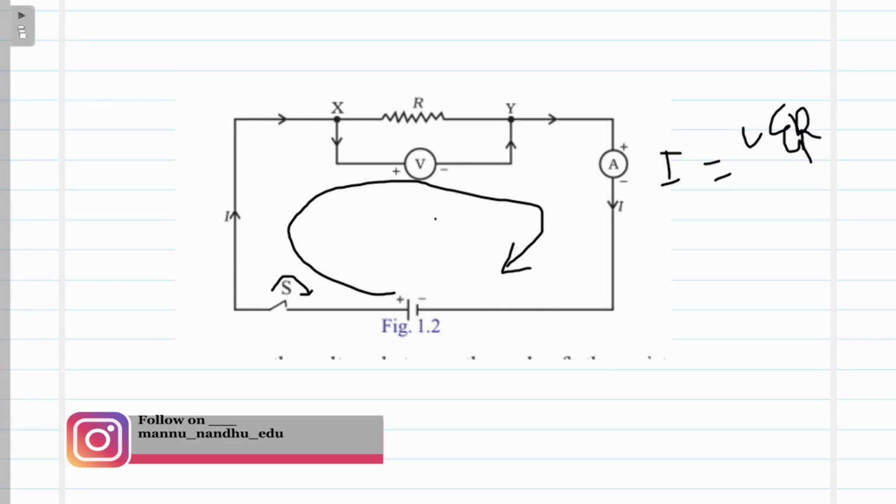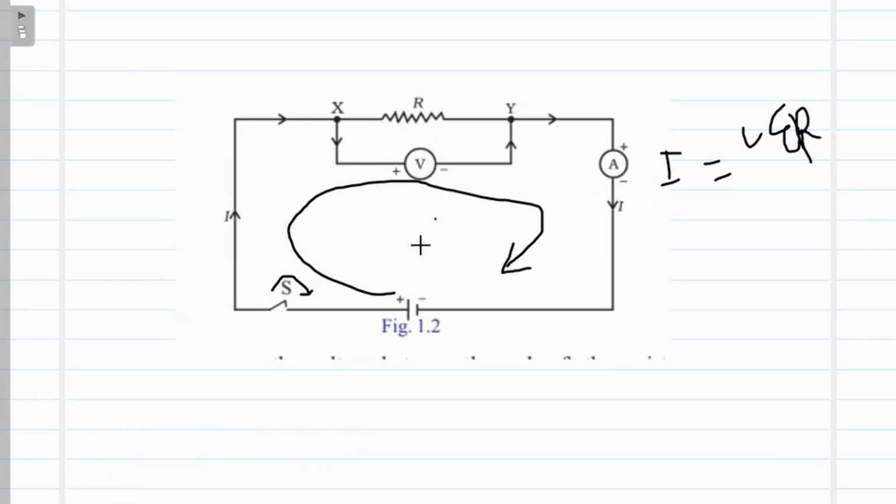Is it right? The change in voltage happens by the resistor. So if there is any change in the current value, it is caused by the potential difference and the resistance.